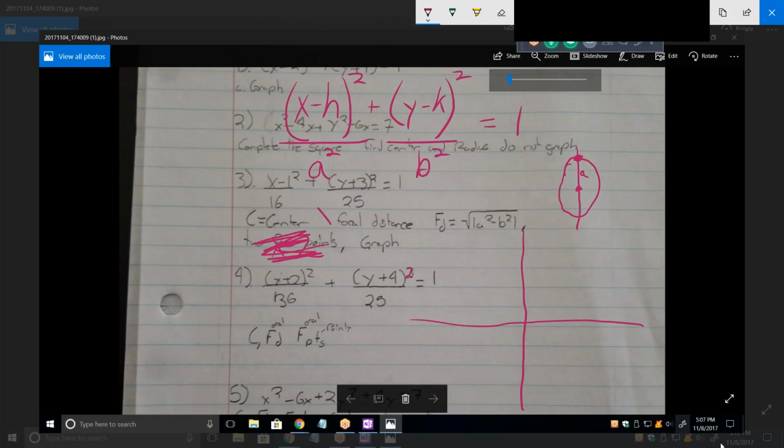Why? Because x minus a negative 2 would result in x plus 2. And it is x plus 2 that we're seeing, which means h is minus 2. H is the opposite sign of the number you're seeing there. So h is minus 2 and k is minus 4.